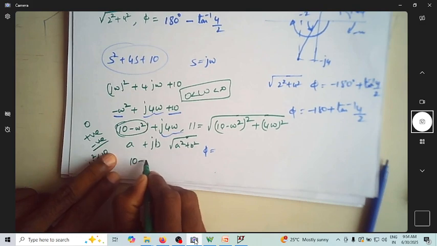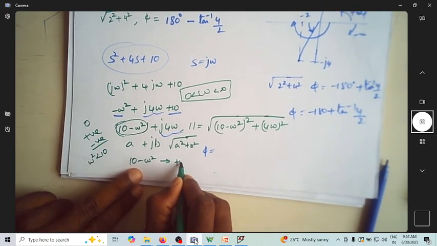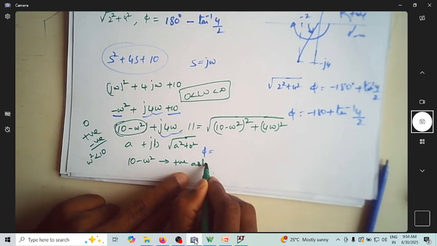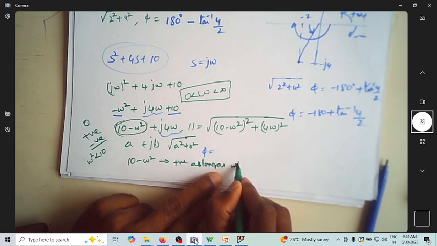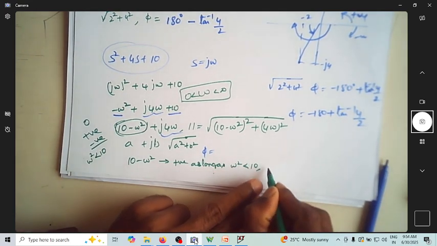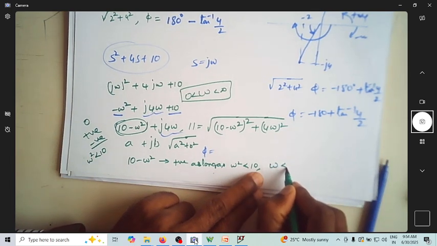This 10 minus omega square is positive as long as omega square is less than 10, or omega is less than root of 10.